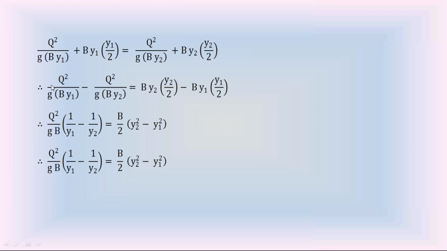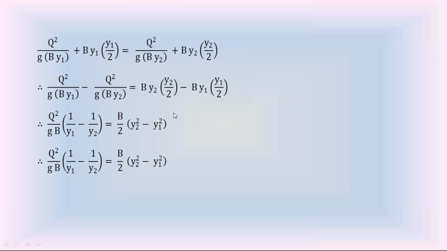Simplify this equation. Take Q square by ZB common in the two terms. So it is Q square by ZB into 1 by Y1 minus 1 by Y2. The left side becomes Q square by ZB into 1 by Y1 minus 1 by Y2, is equal to, on the right side, take B by 2 common in the two terms.